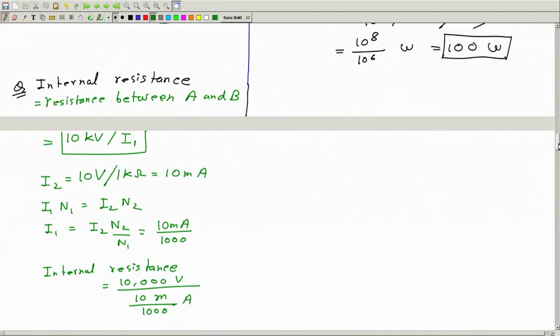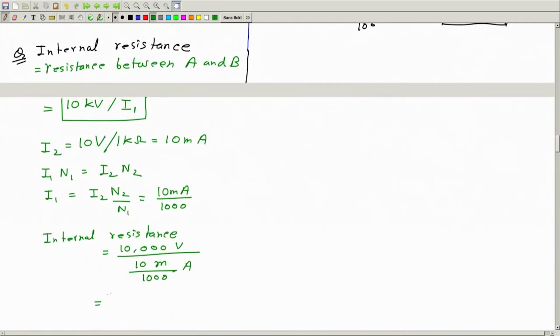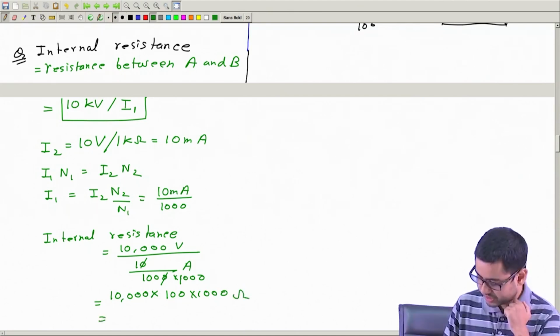This becomes 10,000 multiplied by 1000, and this milli we can convert by another 1000. So we have 10,000 into 1000 into 1000. So this is equal to 10 to the power 9 ohm. Huge.